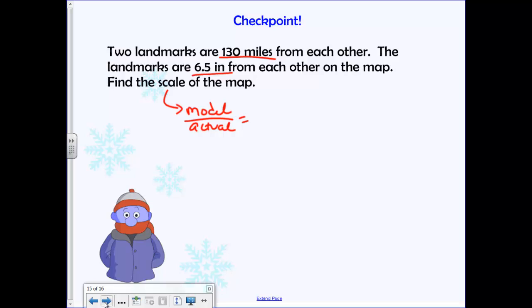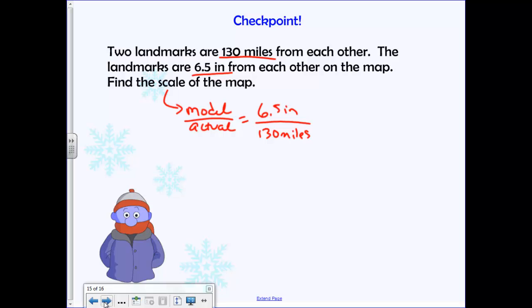So what do we know? On the model, on the map, it is how big? 6.5 inches. And actually, if we were to measure it driving it with your car, we have 130 miles. For my scale, we want it to be 1 inch for so many miles.